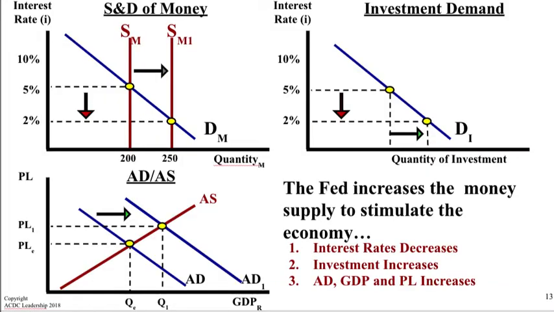So to walk through all those changes together, again, we said that if the Fed is buying bonds, that they're putting more money into circulation. They're not printing more money, they're just taking money that was owned by the Fed out into the economy that financial institutions can access. So an increase in the money supply decreases interest rates. And so then people are going to want more quantity of investment because there are lower interest rates.